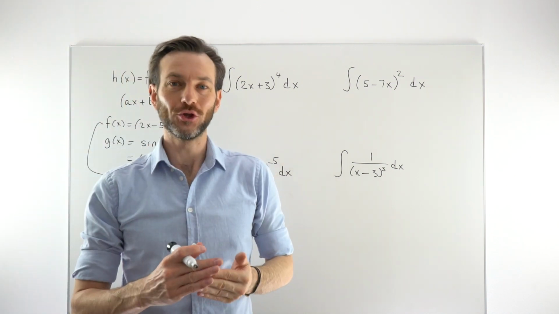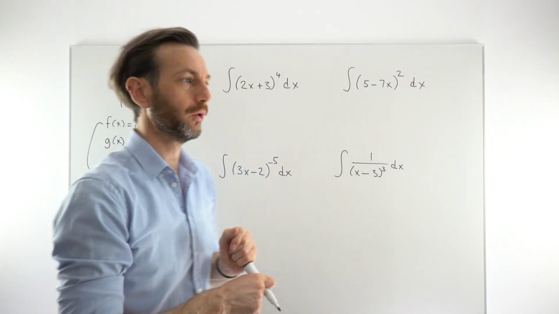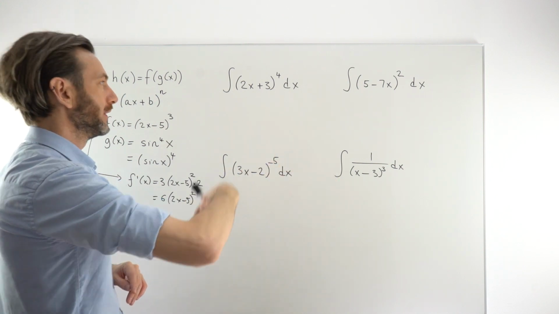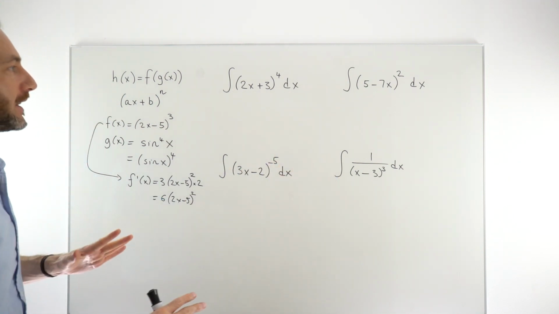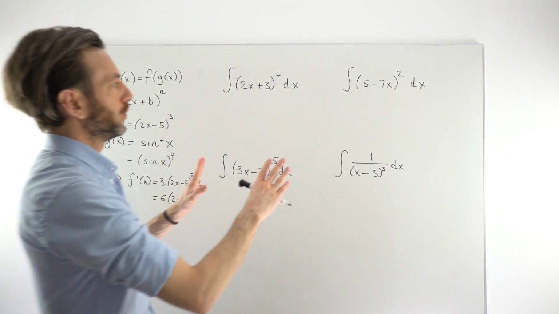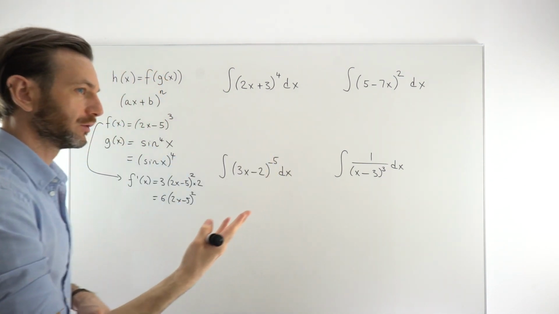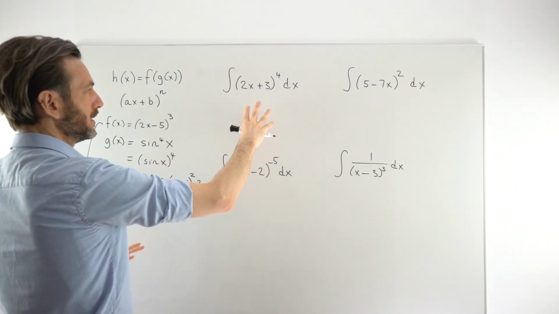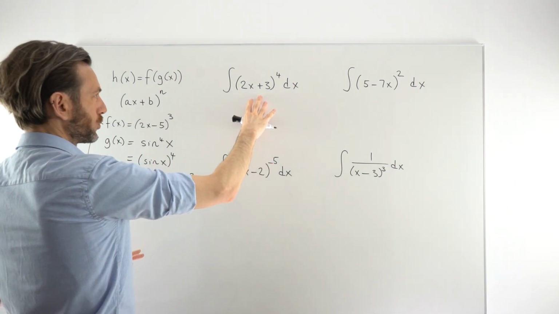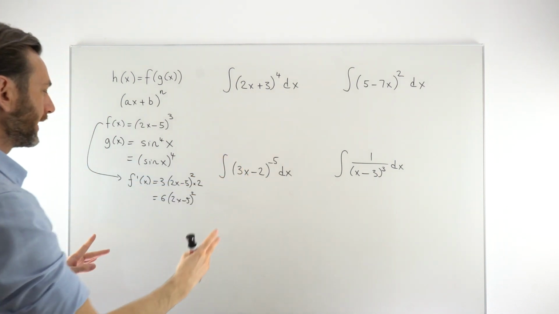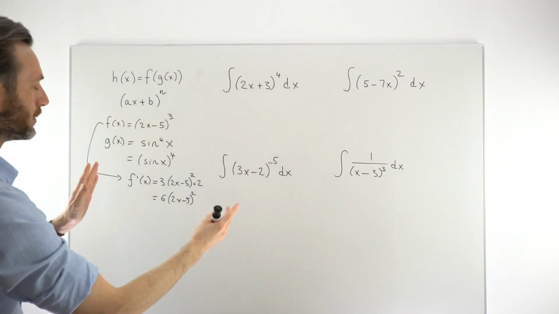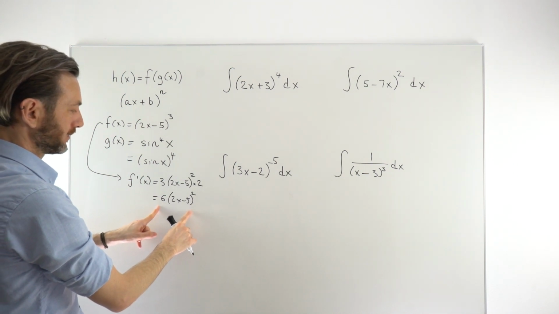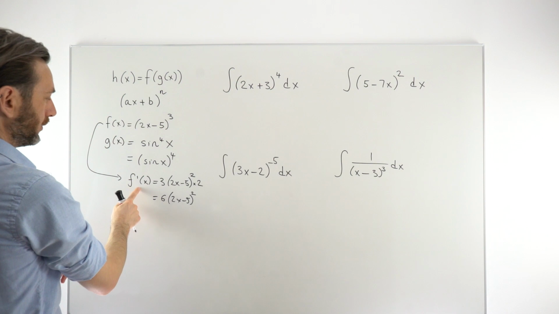When we come to integration, we're going to have to reverse that process. Like the power rule for integration, we're going to increase the power by 1 and divide by the new power. The thing that makes it a little tricky, though, is that this rule, even though it's an integral, involves a derivative. It's a little difficult to explain, but if we integrate this, we should go back to the derivative.